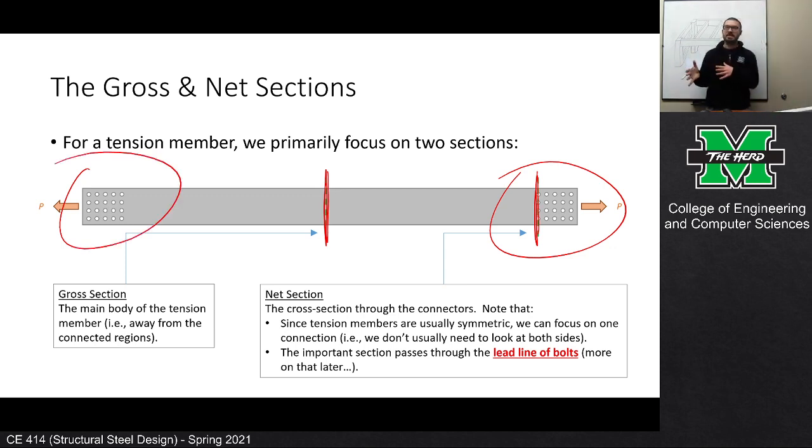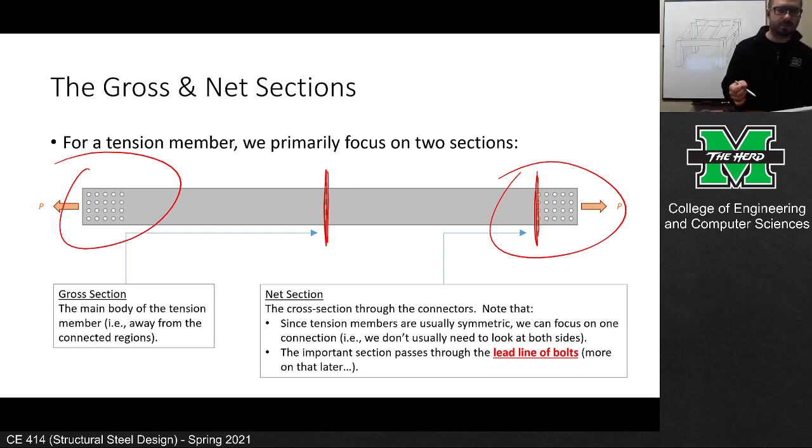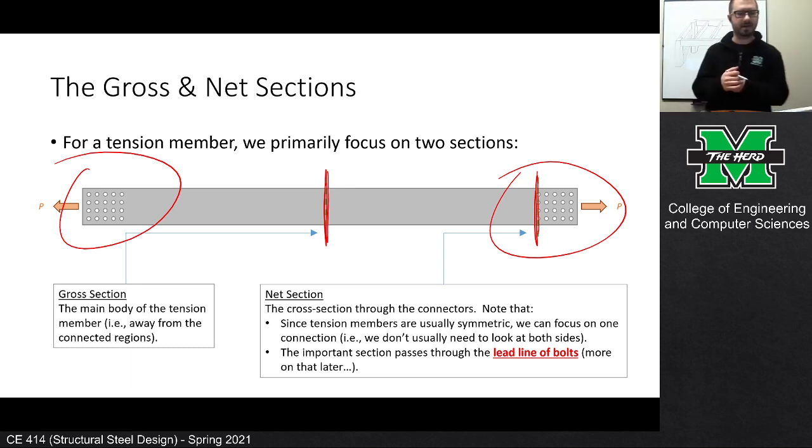So what that means is we can tend to only look at just one side, unless the connections were different, which is very rare in a lot of these instances. There are some instances where that can change, but more often than not, it doesn't. We usually don't need to look at both sides. We can usually just look at one.